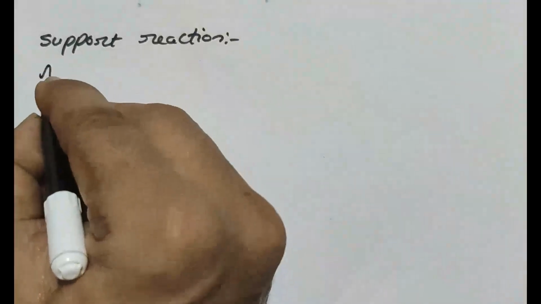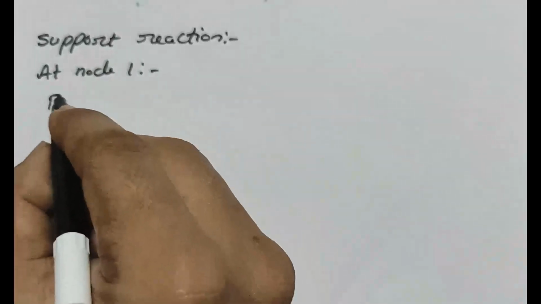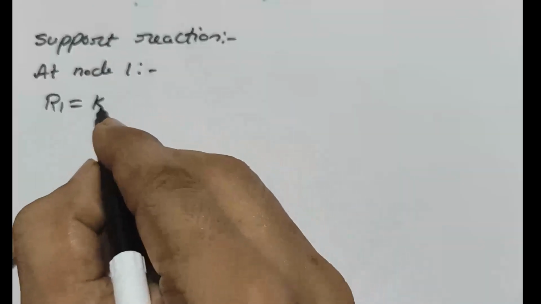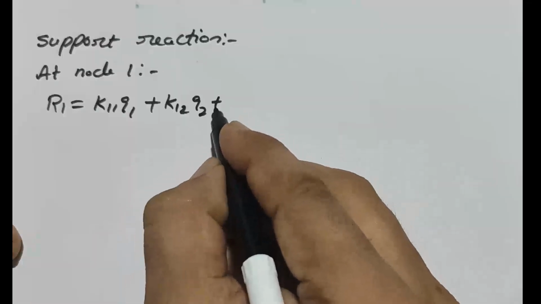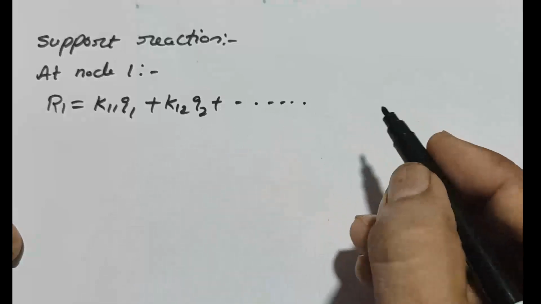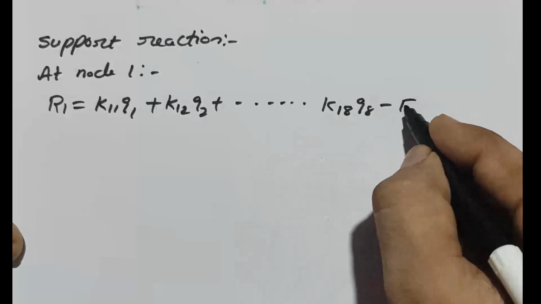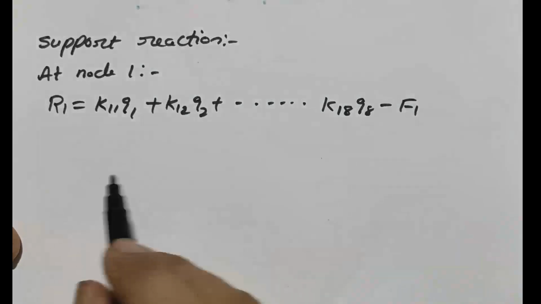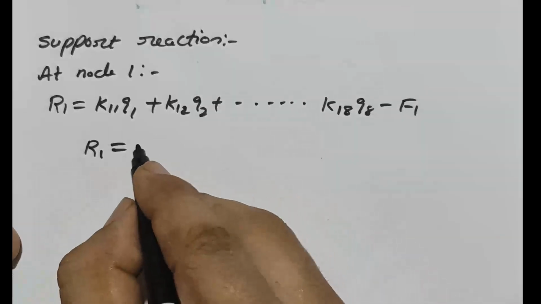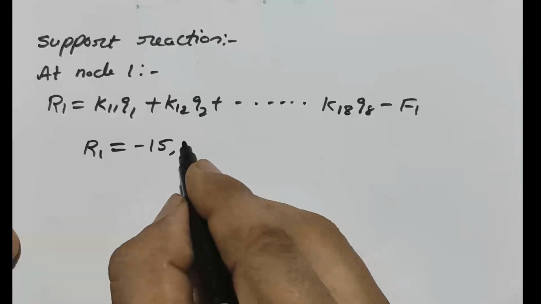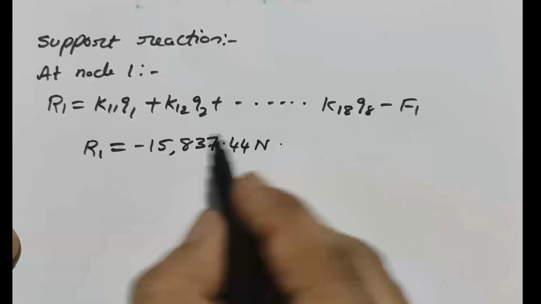So at node 1, the reaction R1 is equal to K11 Q1 plus K12 Q2 plus up to K18 Q8 minus F1. If you substitute all the values and simplify, we will get R1 is equal to minus 15,837.44 Newton.